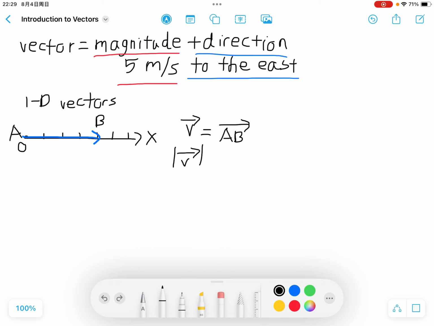So right now we know that vector AB has a length, or its magnitude, of 4 units, right? Because we have the coordinates 1, 2, 3, 4. So its magnitude is 4 units, and we want to represent this vector. How do we do this?